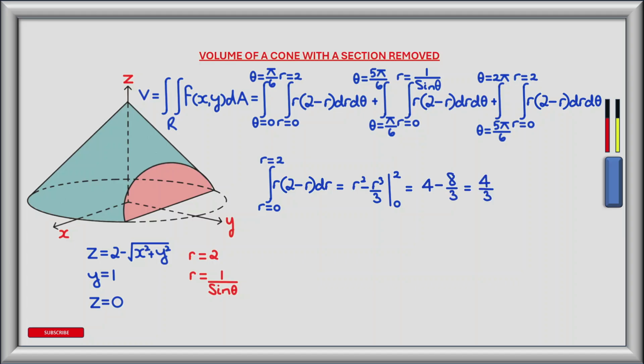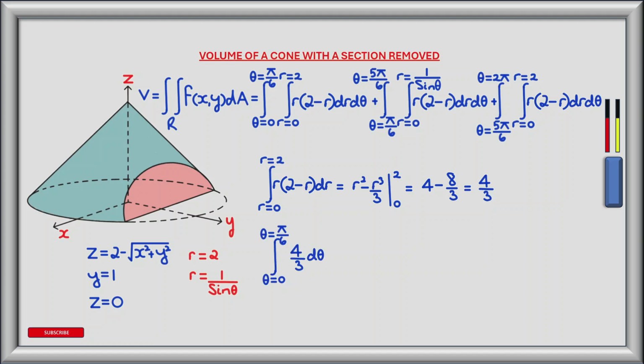Plugging in r equals 2 yields 4 minus 8 divided by 3, and when r is equal to 0, it yields 0. So 4 minus 8 divided by 3 gives 4 divided by 3.